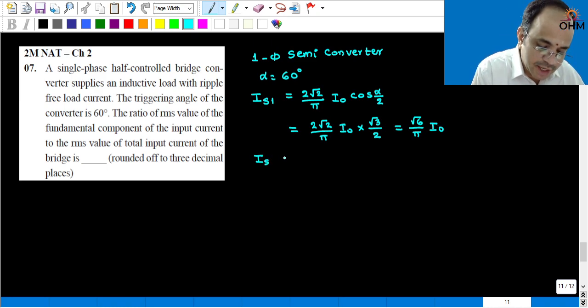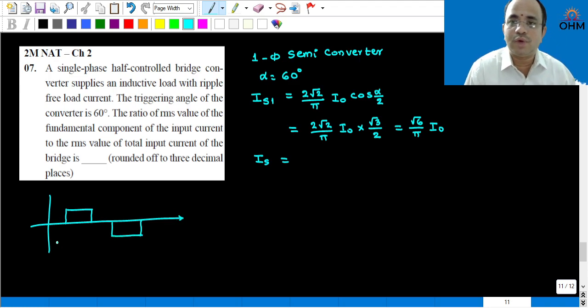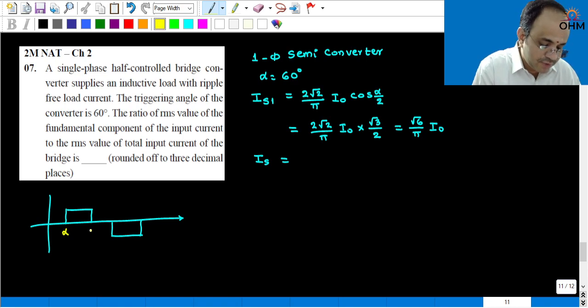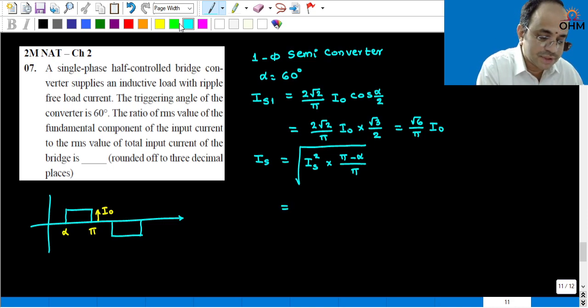Next, what is the RMS value of the source current? If you recollect, the source current waveform of a single phase semi converter will be a quasi square waveform. So this is alpha and this is pi, and this is I naught. Therefore, the RMS value of this source current is the square root of magnitude square multiplied with the function duration, that is pi minus alpha, divided by the half cycle, that is pi.